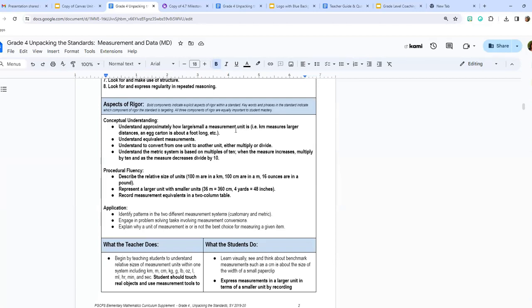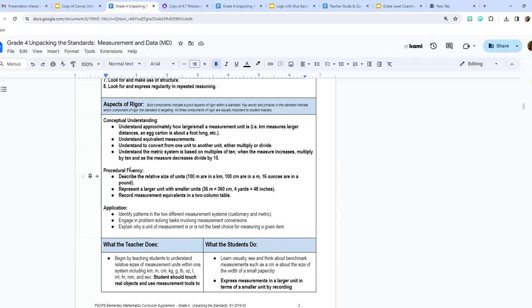You can use what you already have in your classroom. Maybe there's something in the science closet that you could go ask to borrow for your measurement unit. But the more background knowledge you can provide your students with, the greater chance they have for increasing their understanding.